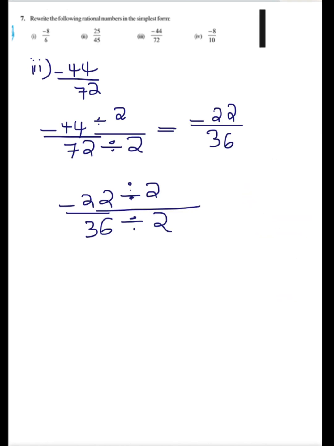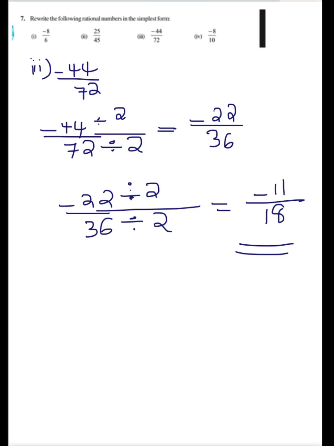It is 11, so minus 11 is the numerator. Now what is 36 divided by 2? You know that it's 18. So your answer will be minus 11 by 18. Now this is in its simplest form because both 11 and 18 do not have any common factor other than 1.